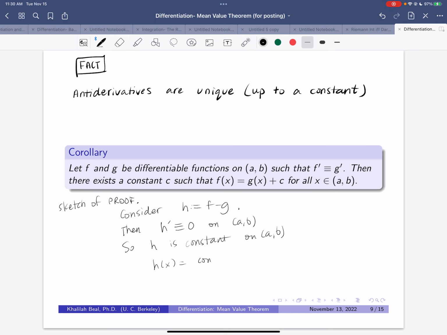Well, we know what it looks like if we draw the picture, right? So it's kind of like this. So that means if x1 is less than x2, then f of x1 should be less than or equal to f of x2.